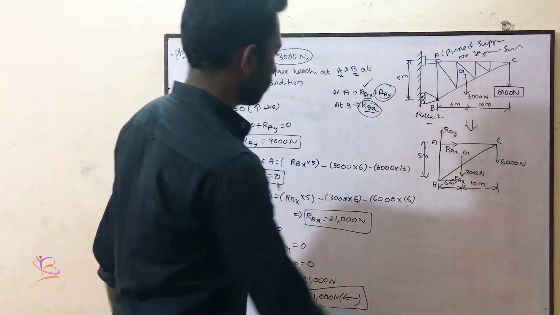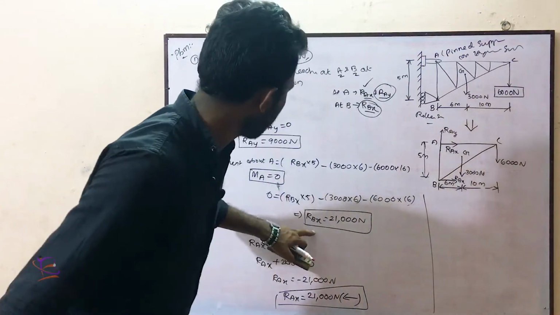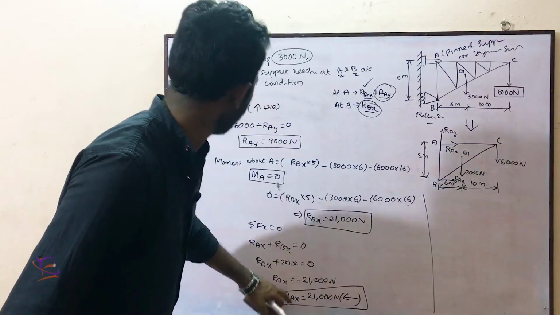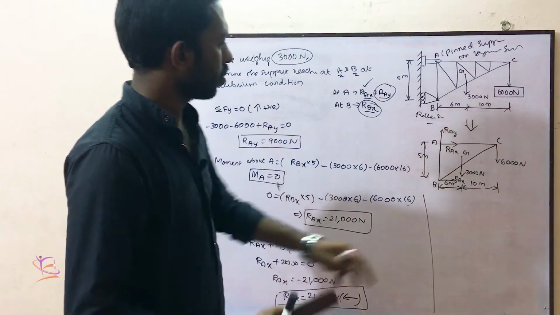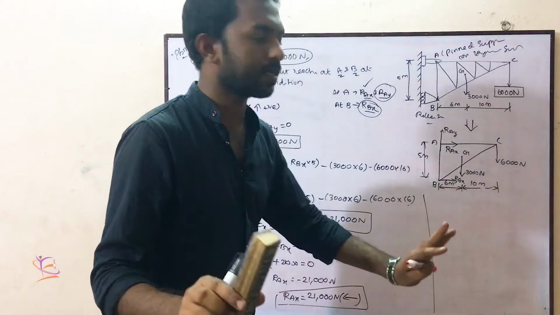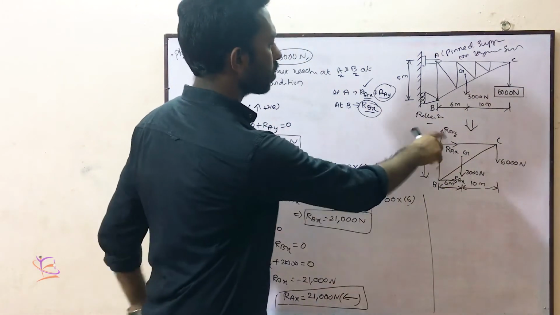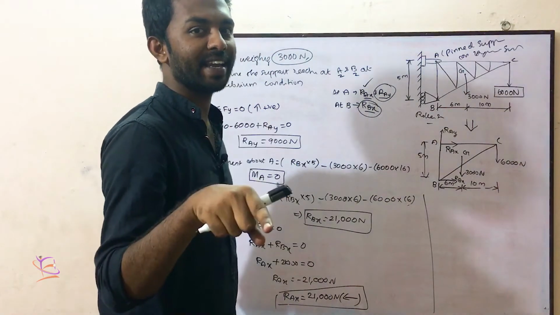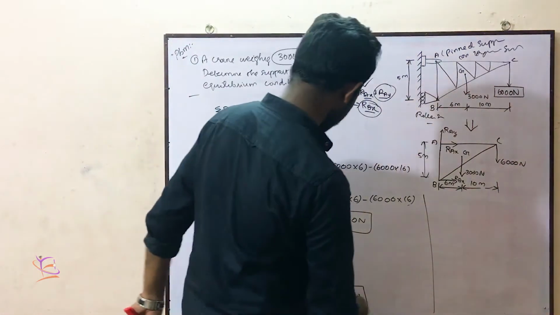But another thing: RBX, RAX and RAY are there. Here no problem, the resultant will be only along horizontal. But here two forces are there, horizontal and vertical. We have to resolve into the components.